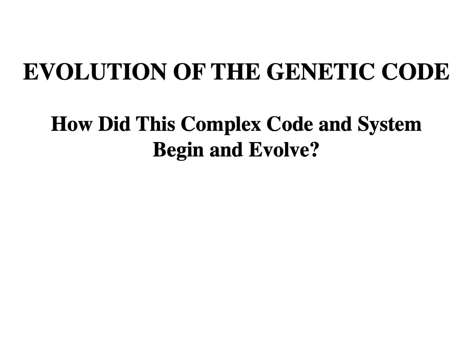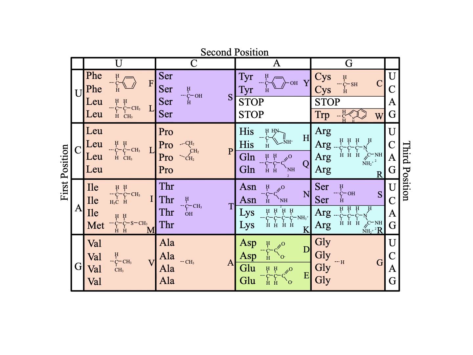A second project that I did recently was looking at evolution of the genetic code. So how did a complex code like this begin and evolve? If you look at the genetic code this way, there's the first position, second position, third position, and all the amino acids encoded by those triplet codes.